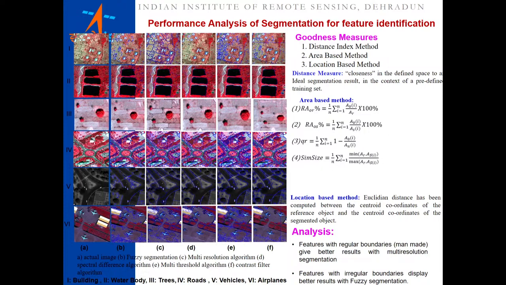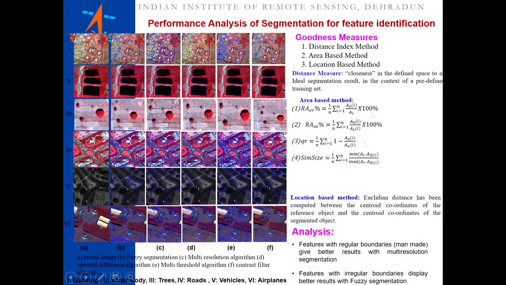So segmentation for all of these different features with different algorithms was assessed based on the goodness measures that we have listed here. The distance index method and the area based methods, so the calculations were done based on these 4 criteria and calculated for all of these mentioned objects through the 6 algorithms.